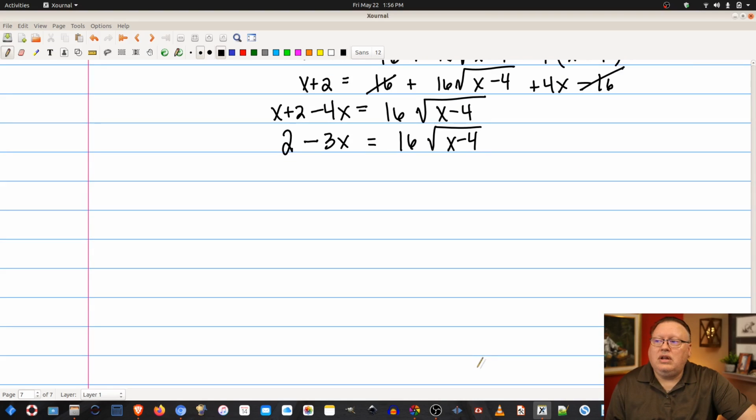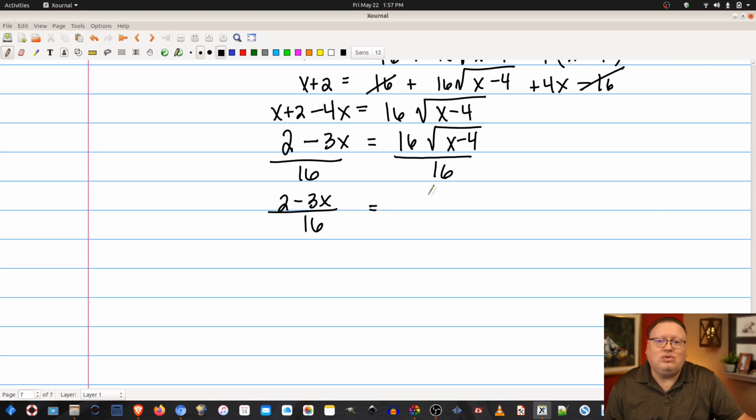Okay. So to finish this out, I want to divide both sides by 16. Okay, so I get 2 minus 3x over 16 is equal to what? Well, 16 over 16 cancels, and I'm left with the radical square root of x minus 4.